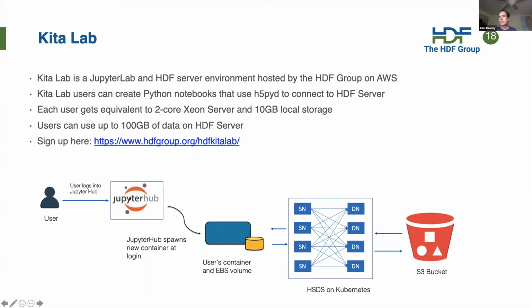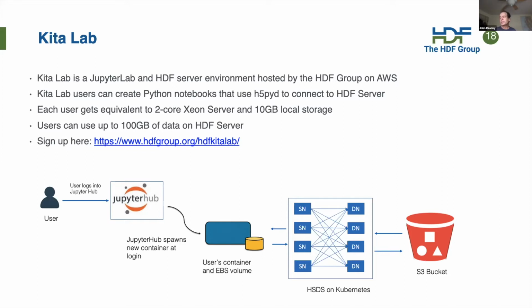Once you log in, JupyterHub will spawn a new container. Now this runs in a Kubernetes cluster under our AWS account. And in this container, you could do typical H5Py things with the HDF5 library, like Alexander showed. But you can also use the HDF server.